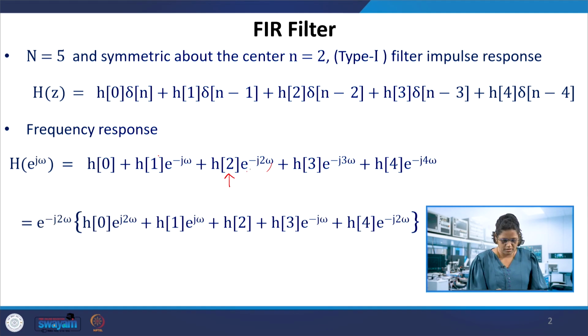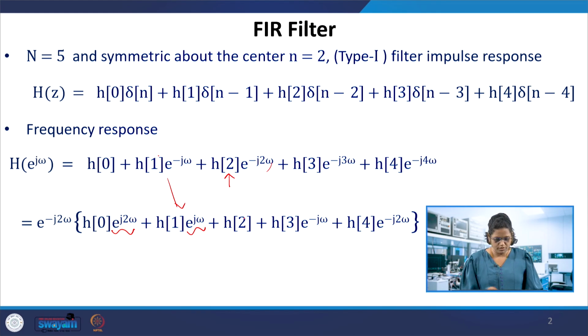So taking e power minus j 2 omega as common to this equation, here h0 gives plus j2 omega, and here plus j omega in this component, and here simply h of 2, and h of 3 gives minus j omega and minus j2 omega.